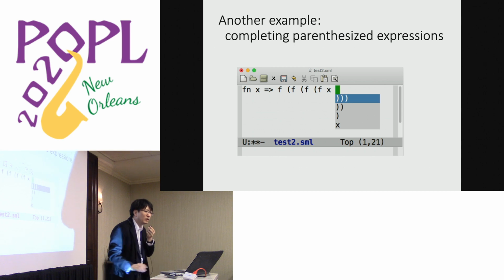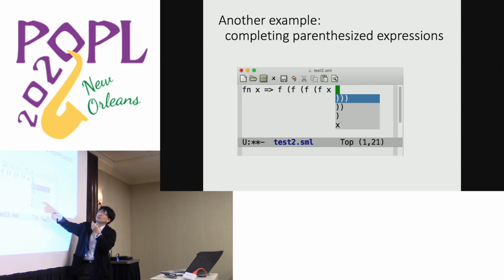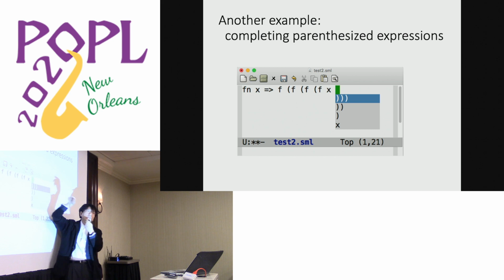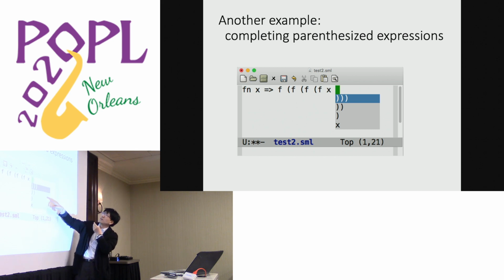Or this may be another typical case. There are one, two, three open parentheses, and here is the cursor, and then push the tab key. Then this kind of candidates are popped up. So in this case, three close parentheses, or two, or one close parentheses, or some identifiers.